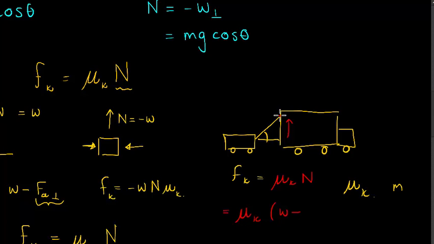Because it's pulling in that direction, some of the force is lifting it up and some of the force is taking it forward. So the surface is not supporting the full weight, but the normal force plus this force will equal the weight. So the normal force is the weight minus the force applied perpendicular to the surface.